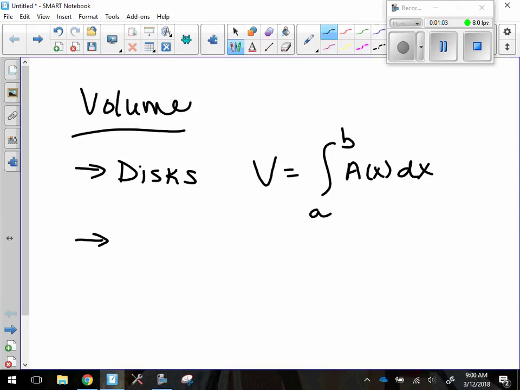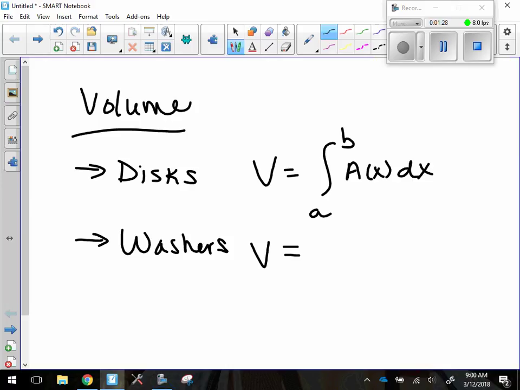And disks work really well for what kind of objects? Solids. Okay, what's another method we have to find the volume? Washer. Okay, and when we have the washer, I think in general we have a circular cross section.